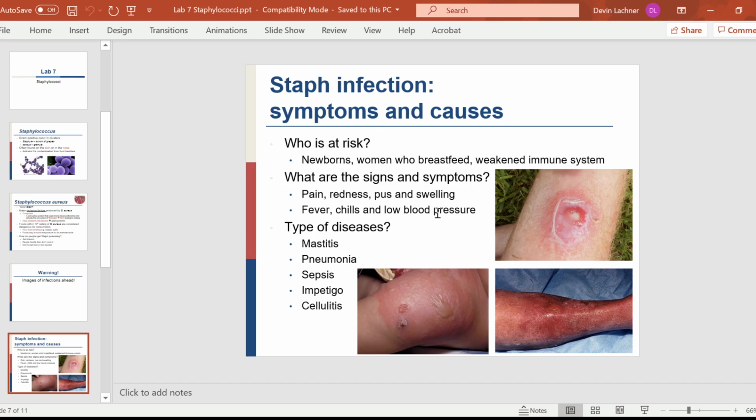And the signs and symptoms of this infection are pain, redness, pus, swelling, and then fever, chills, and low blood pressure as well. There are a few different types of diseases: mastitis, pneumonia, sepsis, impetigo, and cellulitis.